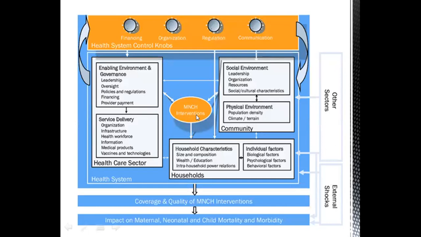It all interacts with maternal and childhood interventions. This includes household system coverage and quality of MCH interventions and impact on maternal, neonatal, and child mortality or morbidity.